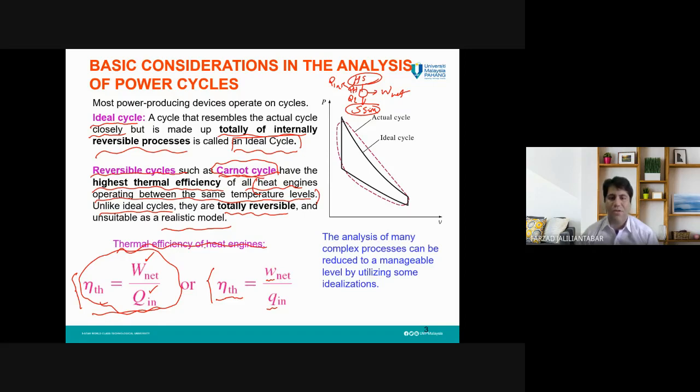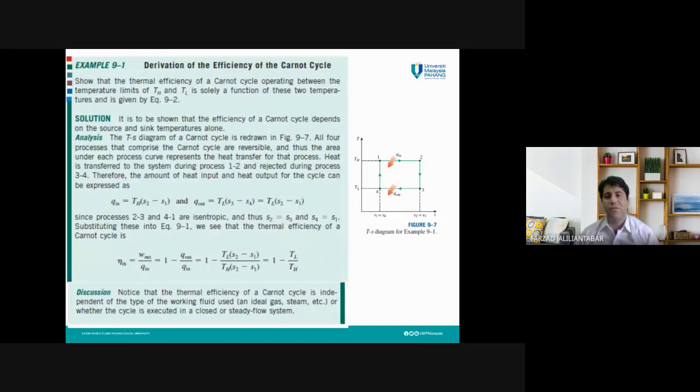But now let's see how the Carnot cycle helps us to calculate the thermal efficiency. It's just a review, because you should already know how we can find the efficiency of the Carnot cycle. We have an example here: a TS diagram for a Carnot cycle.